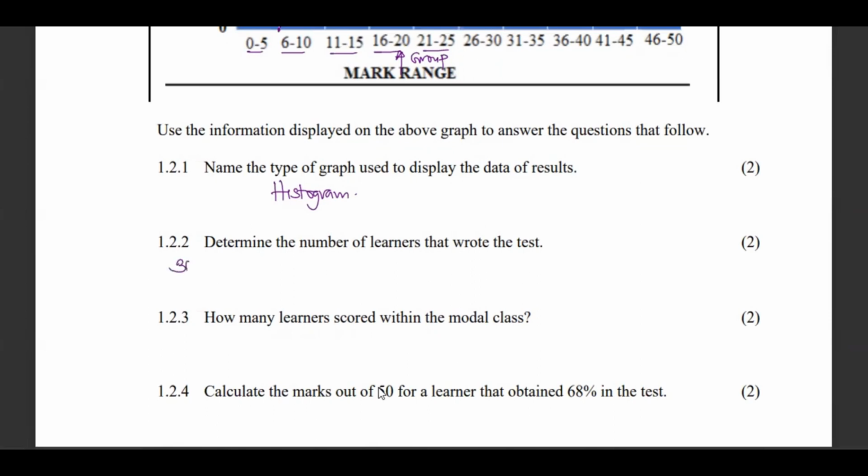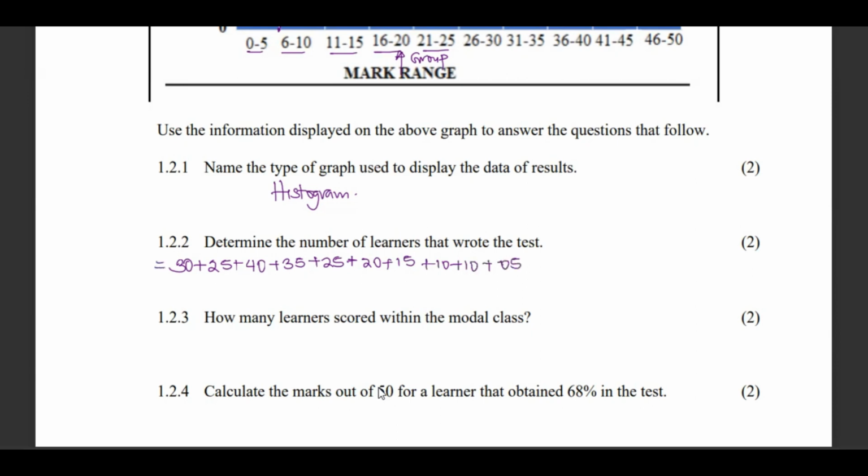So the first class we had 30 plus 25 plus 40, then 20 plus 15 plus 10 plus 10 plus 5.